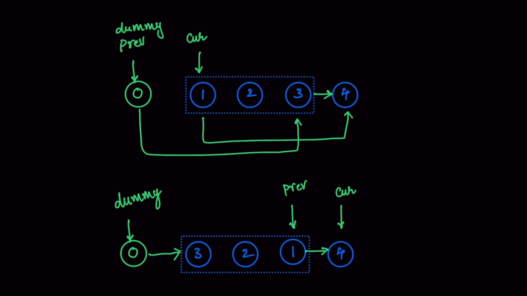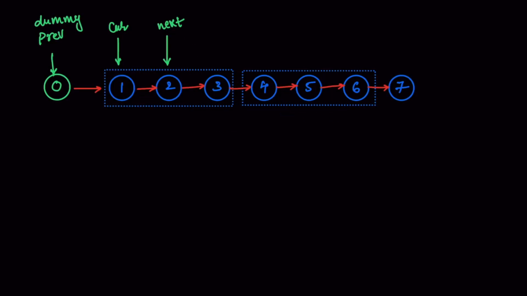Once we achieve this, it is similar to the below diagram, but it is in different representation. At the end of this, we reinitialize the pointers because we have completed reversing the nodes in K group for the first part. Now let's go deeper into the explanation.